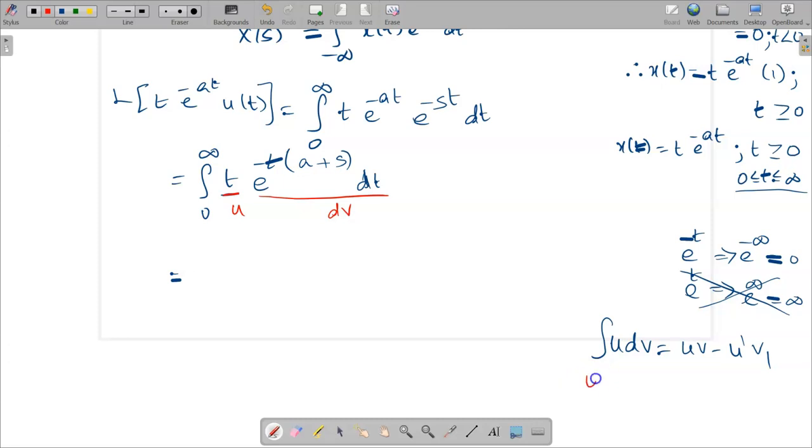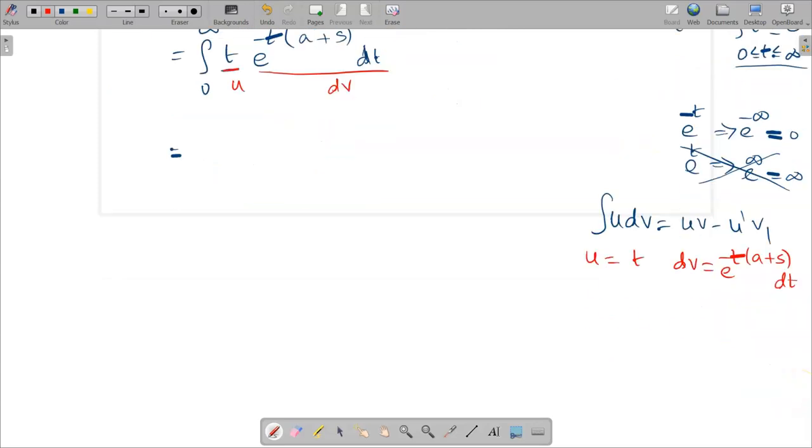So in this question u is t and dv is e power minus t times a plus s, into dt. In order to apply the formula, I have to find out v, v1 and u dash. So u dash means just differentiate this term.